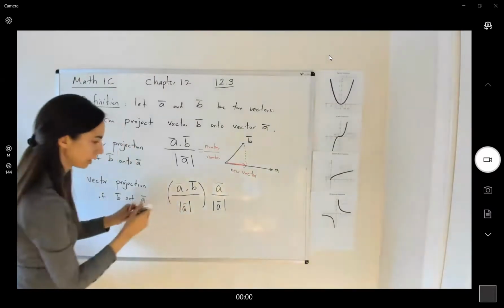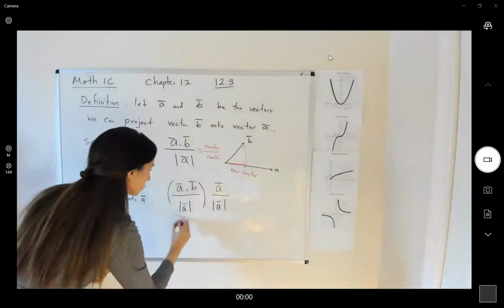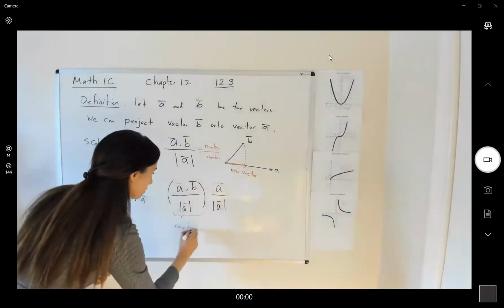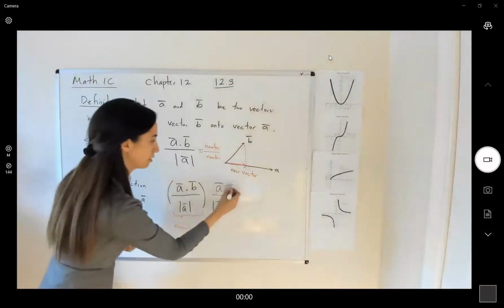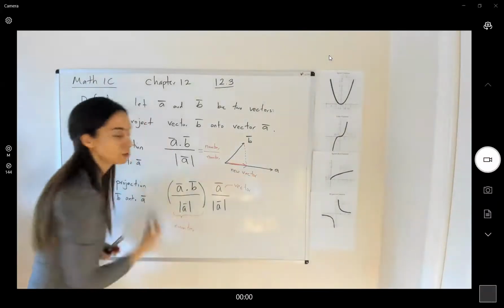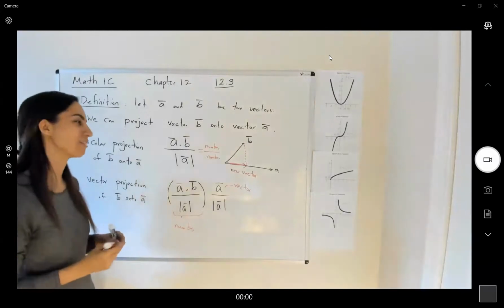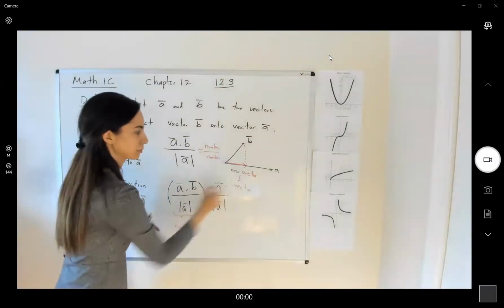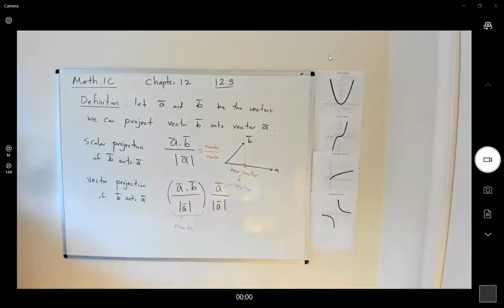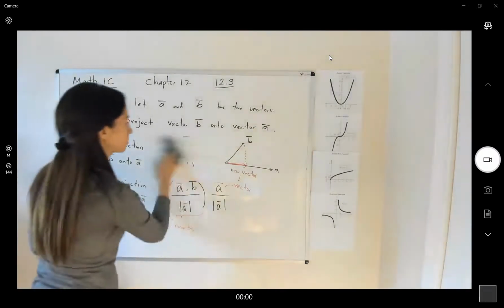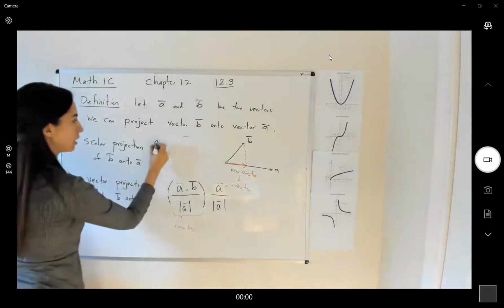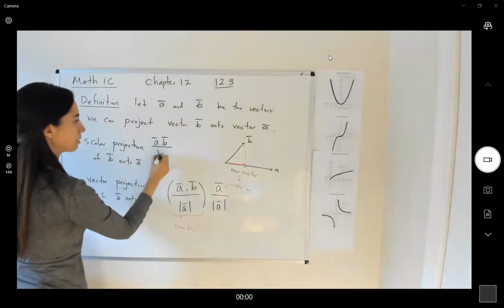This is a scalar, a number. This is a vector. So the total outcome is going to be just a vector. This vector here. Let us rewrite this formula here for you. We don't want to lose these. A dot B over the magnitude of A.